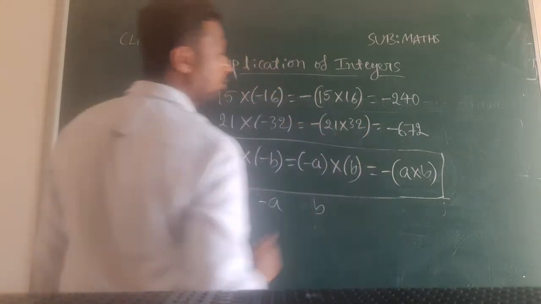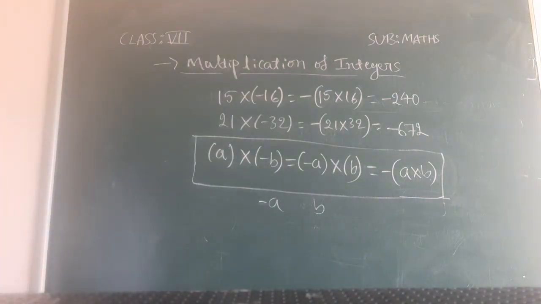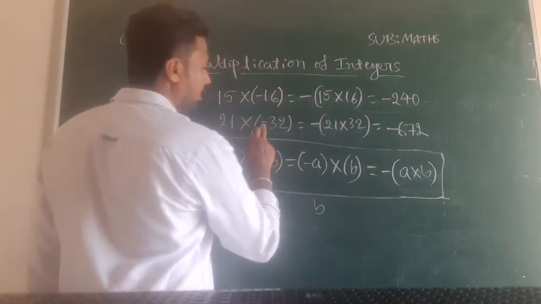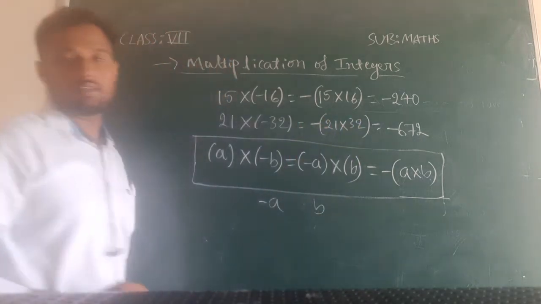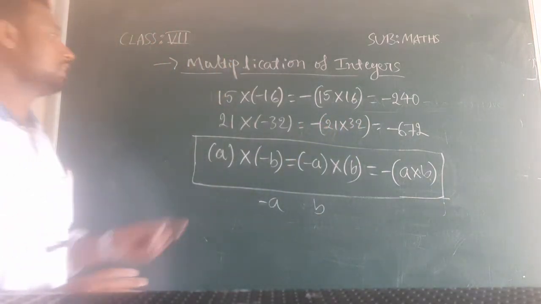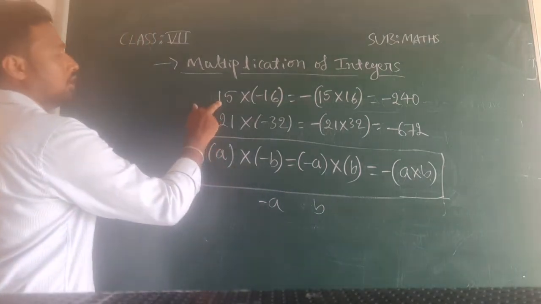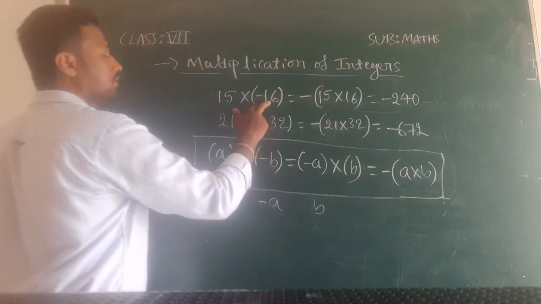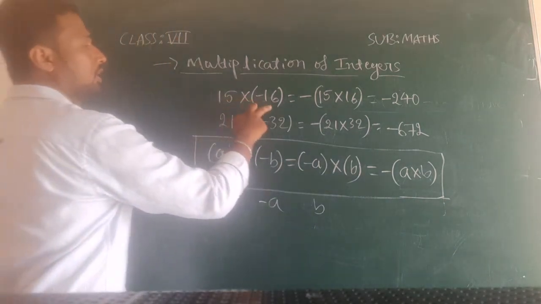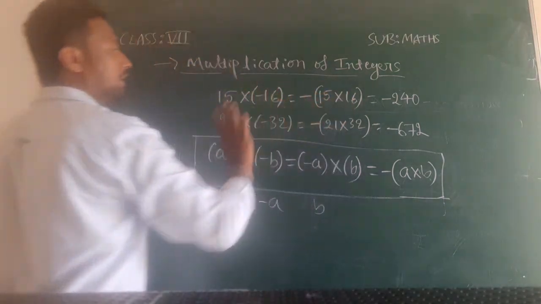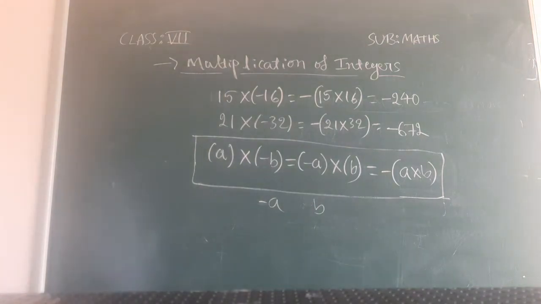So directly we wrote 21 into 32 and this minus we considered outside the bracket. Here also in place of a we have 15, in place of b we have 16, and directly we consider 15 into 16, and outside the bracket we will again consider minus.